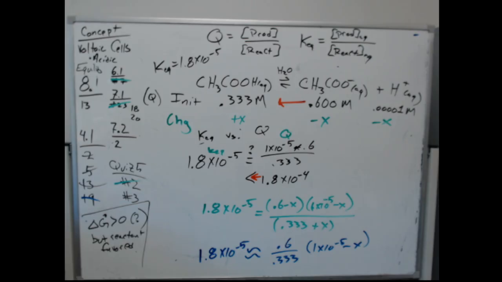Huh. I don't know if that worked or if I just tried to do it in my calculator too fast. But I got x is equal to 1 times 10 to the minus 8, which feels weird.